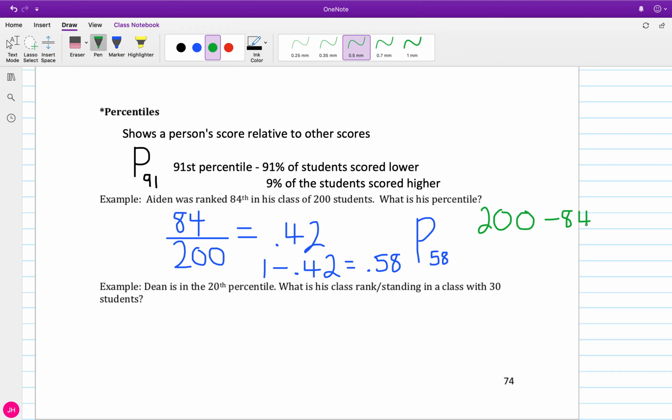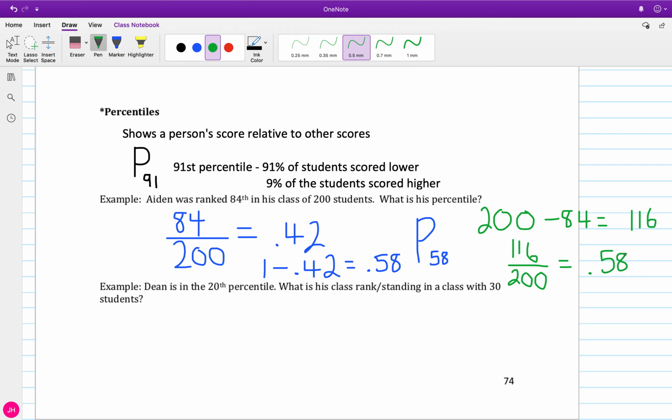So 200 minus 84 is going to give me 116. Then do my percent. So I would do 116 divided by 200. And that again, of course, is going to give me that 58%. Either way, we've got to subtract and divide, but the order that we choose to do it is not important, whichever works best for you.